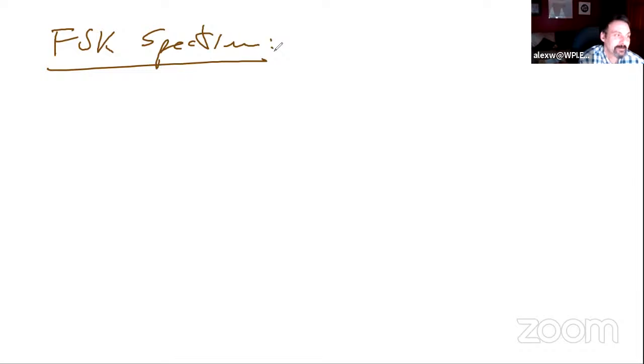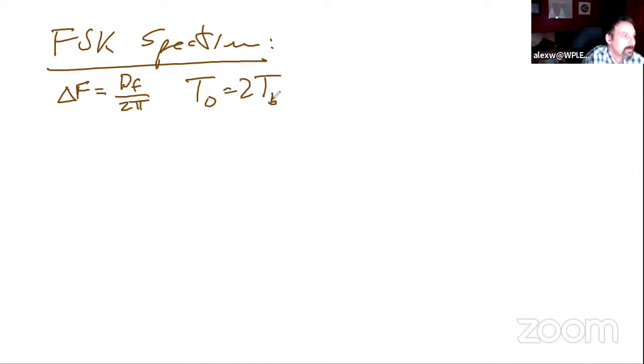So let's look at this thing. We have that representation, and we now have delta f, which is equal to d theta over 2 pi. And then T naught equals 2 TB, so this is obviously binary FSK.